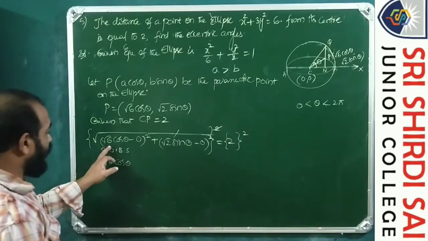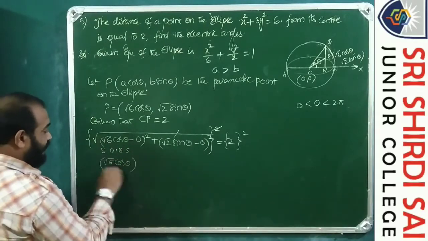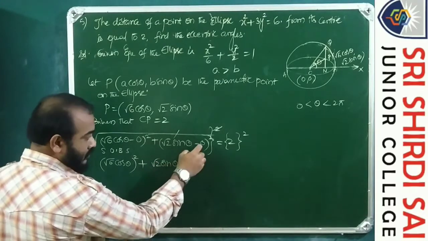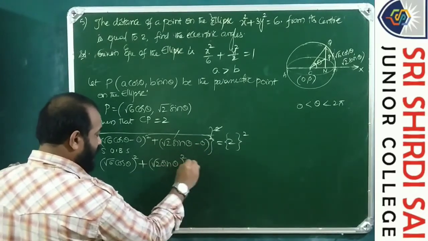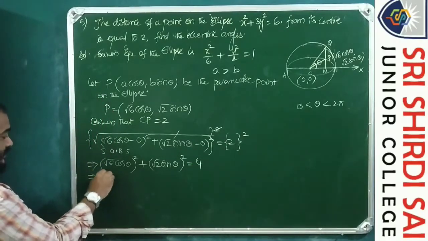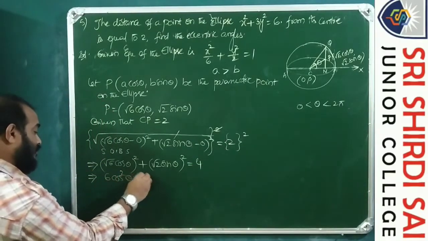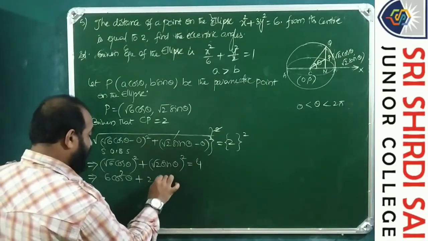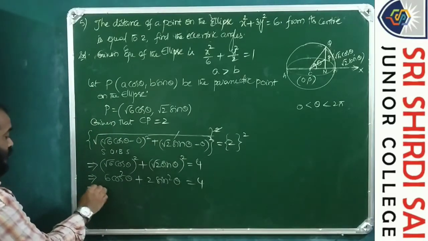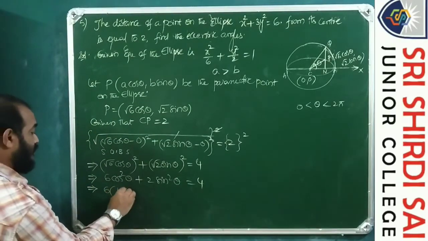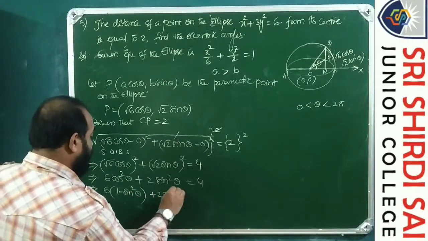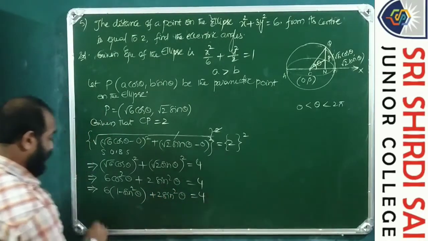We get root 6 cos theta whole square plus root 2 sin theta whole square is equal to 2 square, which is 4. This is 6 cos square theta plus 2 sin square theta equals 4. So 6 into cos square theta, which is 1 minus sin square theta, plus 2 sin square theta is equal to 4.